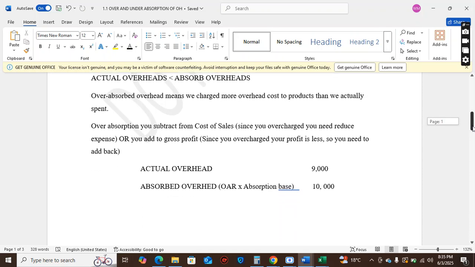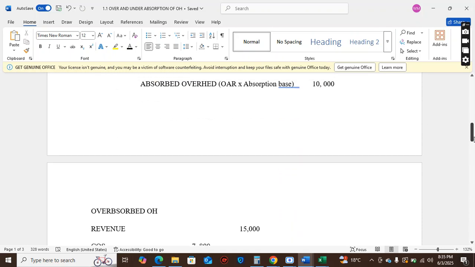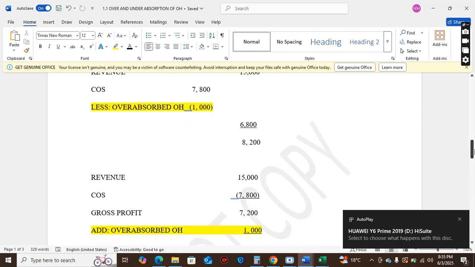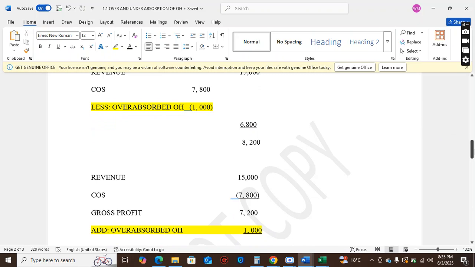And when you've overabsorbed, you're going to subtract from the cost of sales, because your cost of sales is inflated, or you're going to add to the gross profit. Any questions, colleagues, before we now go to under absorption?